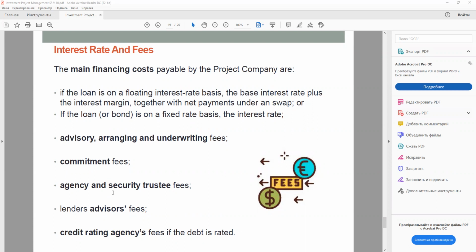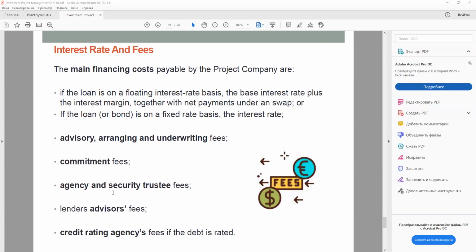Where a floating rate margin applies, interest rate hedging will also be put in place. Many banks now split the quoted margin internally between two factors: the balance sheet liquidity effect of the loan and the charge for the credit risk.